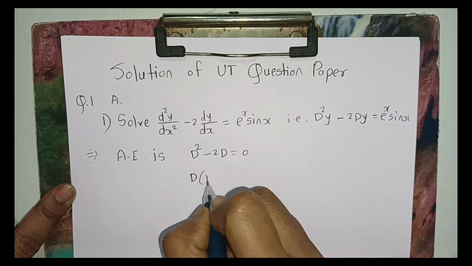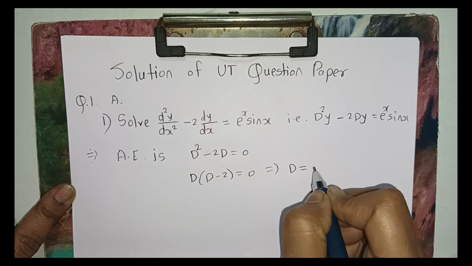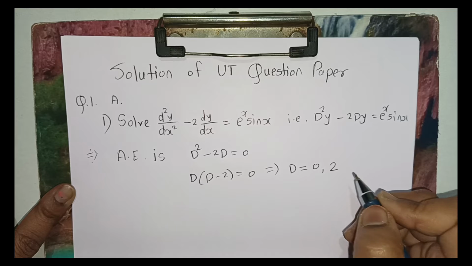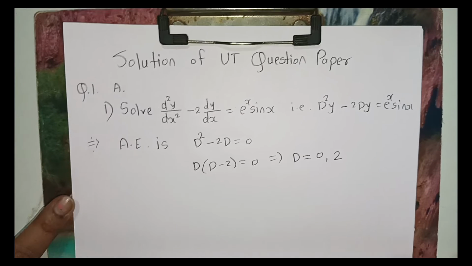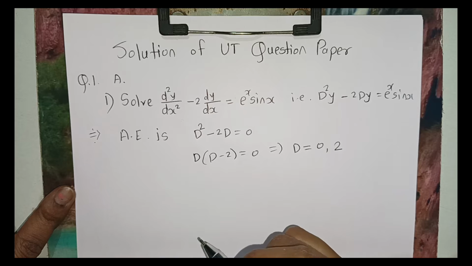D into (D minus 2) equals 0, which implies D = 0, 2. These are the roots of the auxiliary equation.